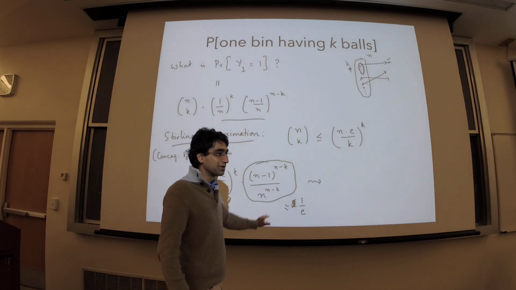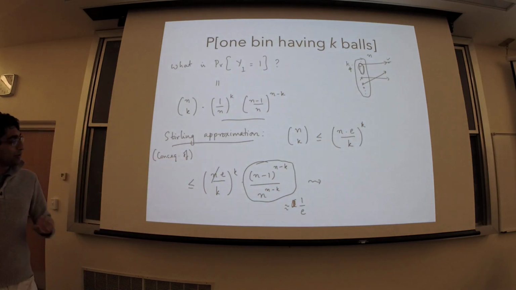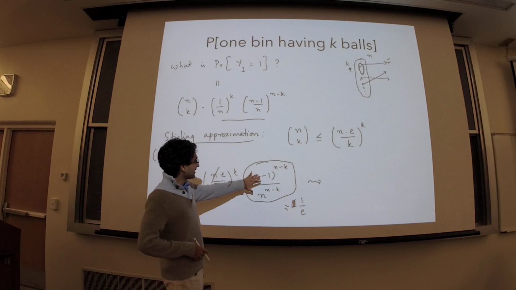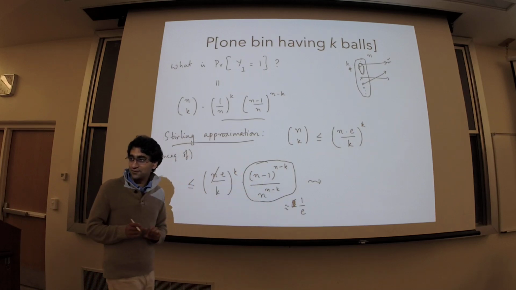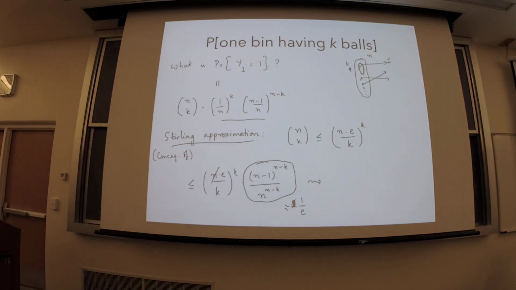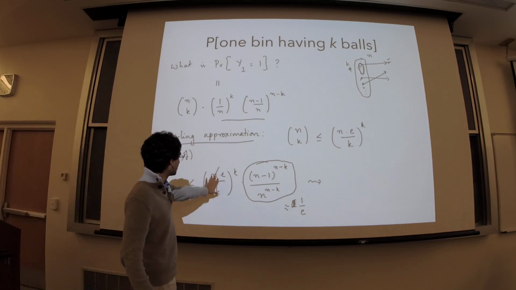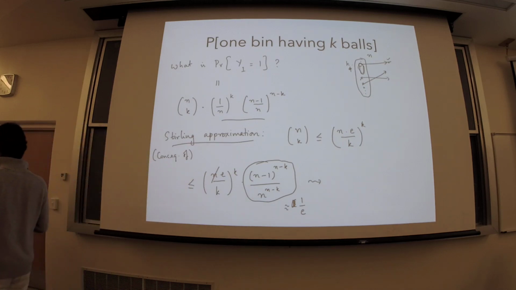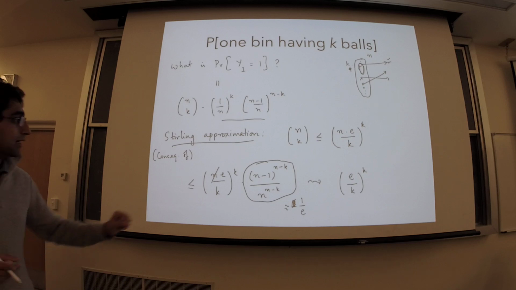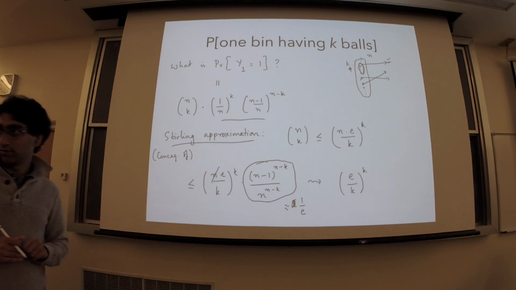Trust me, this is true. 1 minus 1 by n is less than 1, so you can't use that exactly as a bound, but it's roughly a bound. So the overall thing would be less than or equal to something that looks like (e by k) to the power of k. There's some constant here which I have not written.